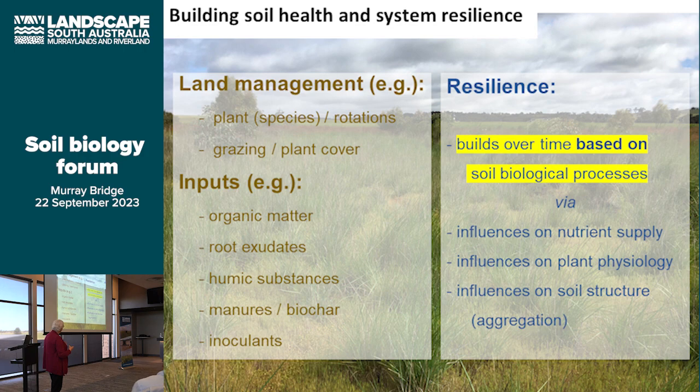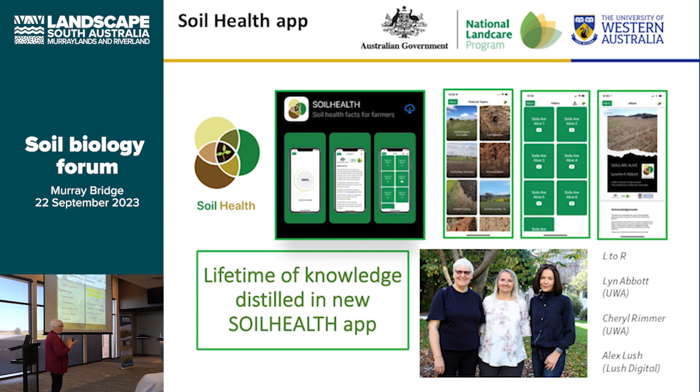And the basis of building resilience, to me, is that biological processes are going to be involved, and they influence nutrient supply, plant physiology, and soil structure. And these are added value to just getting the fertility based on chemical inputs. So the old fertility story, getting the nutrients right for the plant, we're getting a bit more than that. We're getting a benefit from a more broad-based definition of fertility.